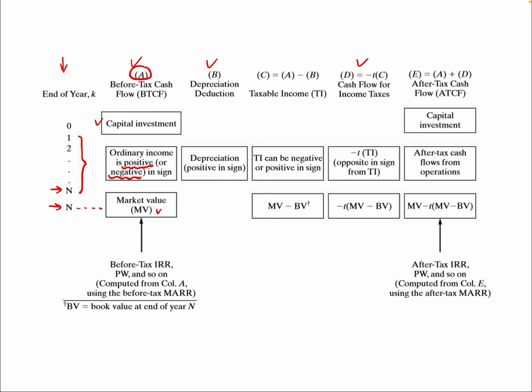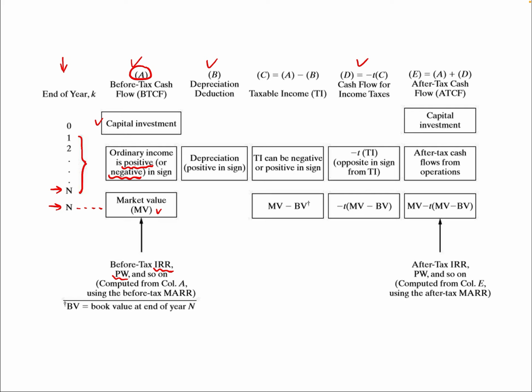And then in the end, except for those cash flows, you still have the market value if it's possible, okay? So this is the before tax cash flow, and we can use the PW method or the internal rate of return method to calculate if this project is a good one or a bad one based on the before tax cash flow. But it's not a real cash flow.